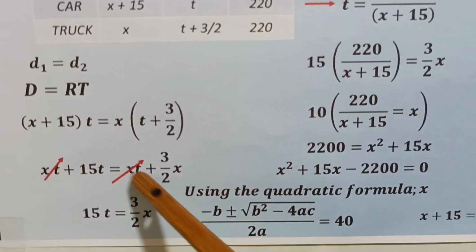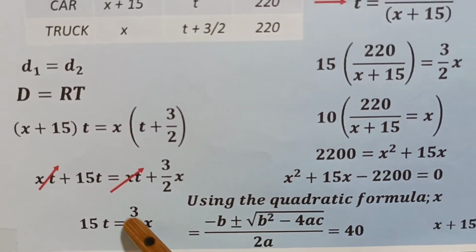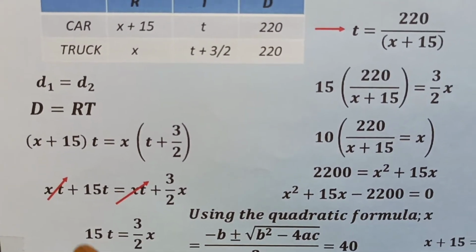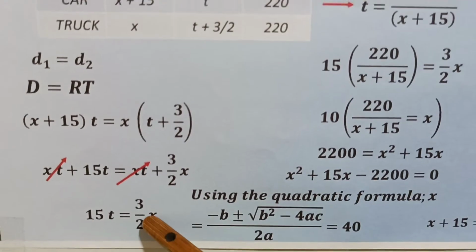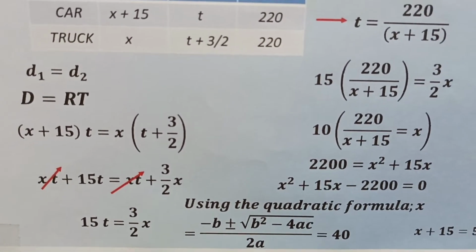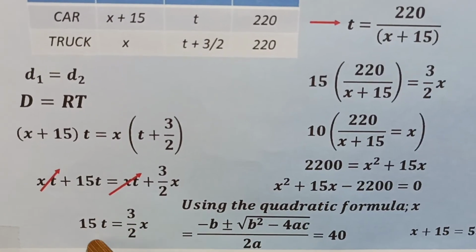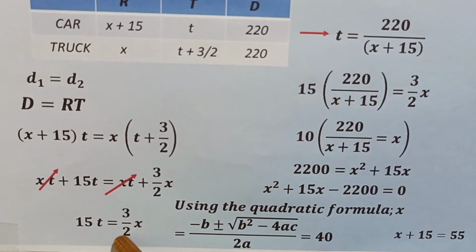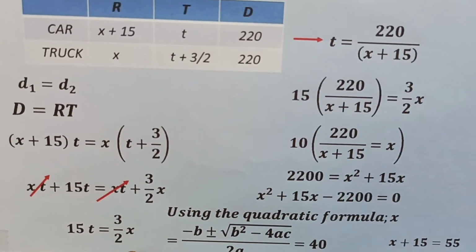So we have two unknowns here. We're going to look for the variable t so that we can cancel out t and solve for the unknown variable, which is x.